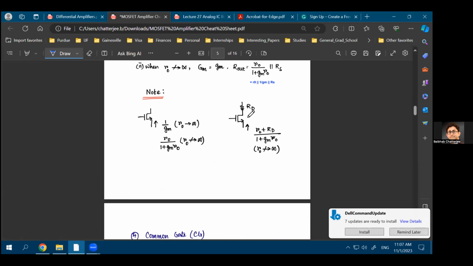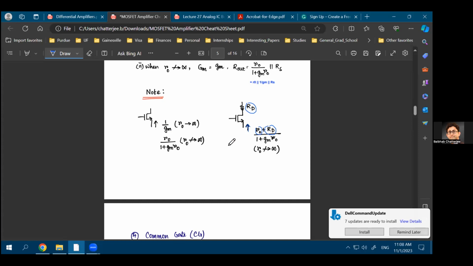And because resistance is a bidirectional quantity, if you look at the resistance from the left hand side and the value of that resistance is 1 kilo ohm, if you look at it from the right hand side, it will still remain 1 kilo ohm, right? So the drain to source resistance of the transistor still remains RO. And as you said, the RD comes in series with that. So you have RO plus RD in your numerator. But you divide everything by 1 plus gm RO. That's because you are looking from the drain, and you'll see this as you solve the small signal model.